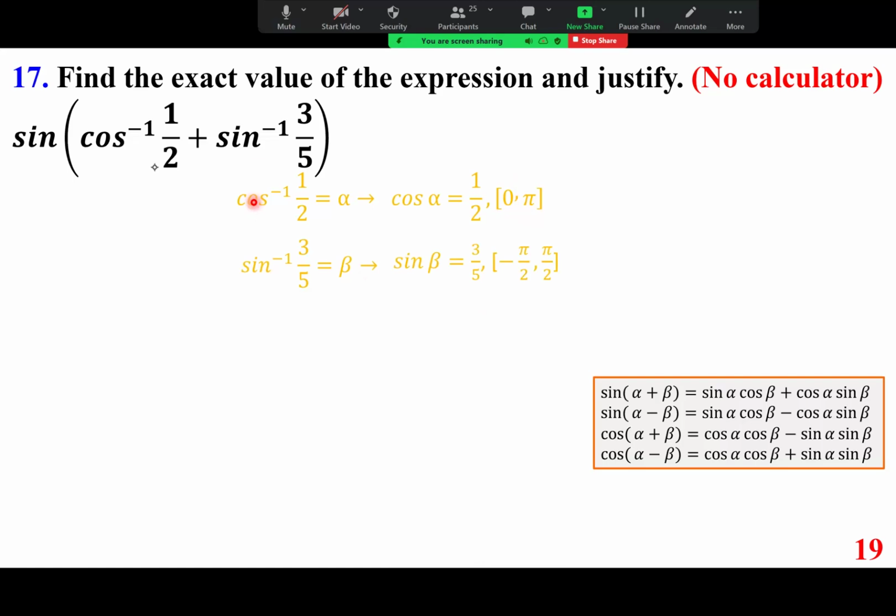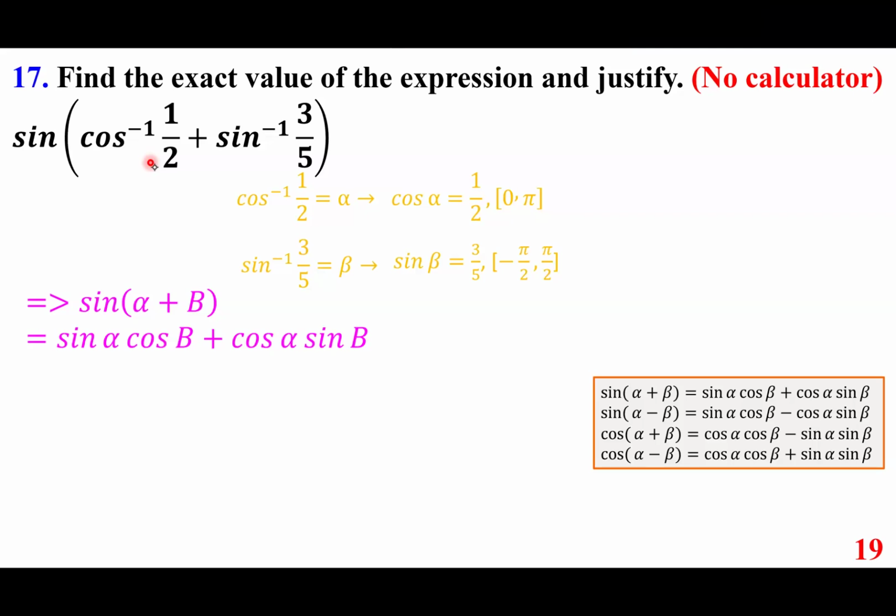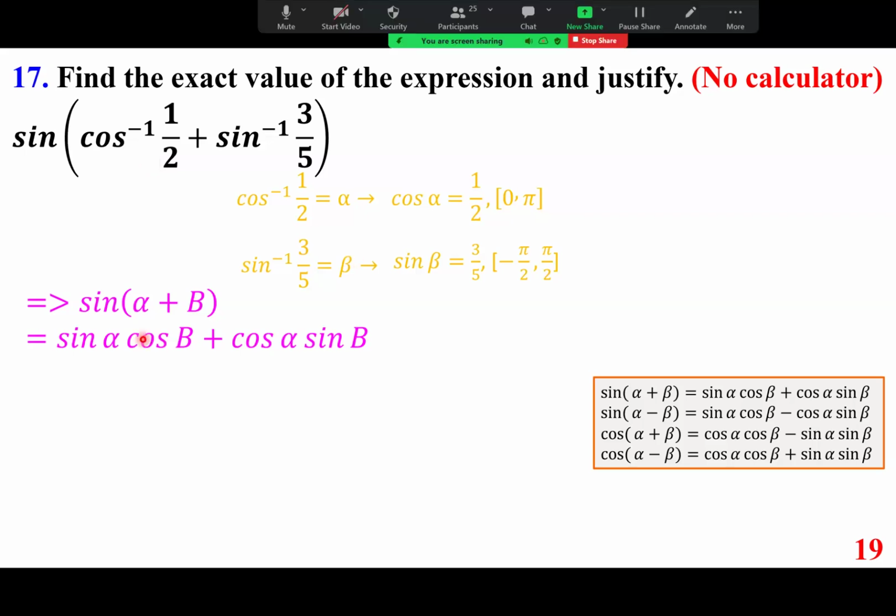So we are looking at sine of alpha plus beta, which is sine alpha cosine beta plus cosine alpha sine beta. So just plug in. You have sine alpha. No, you have cosine alpha. So let's find sine alpha. And then cosine alpha sine beta, we have sine beta. We have the cosine alpha and sine beta, but we're going to work this out.